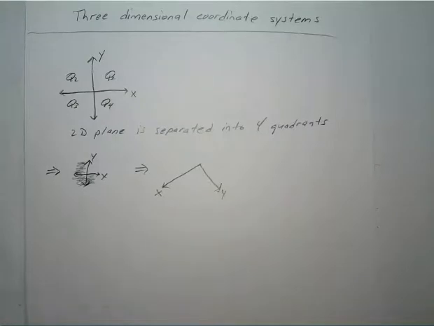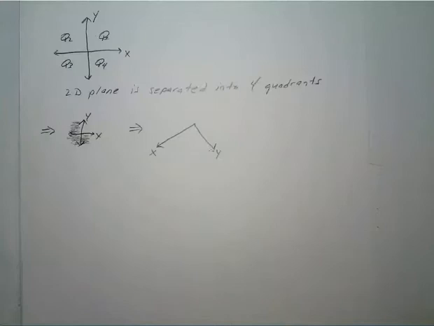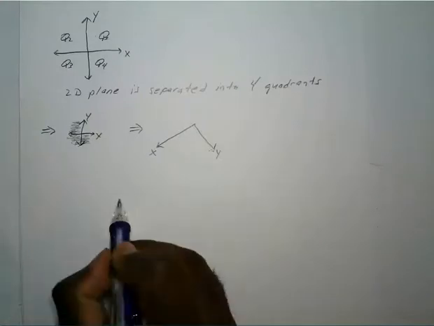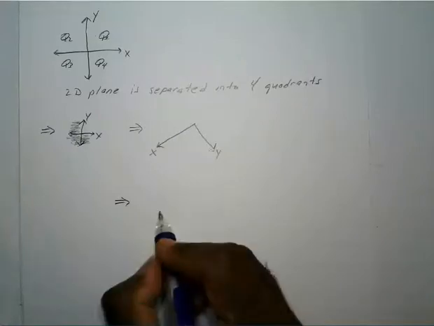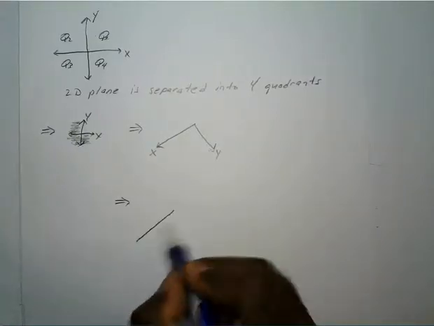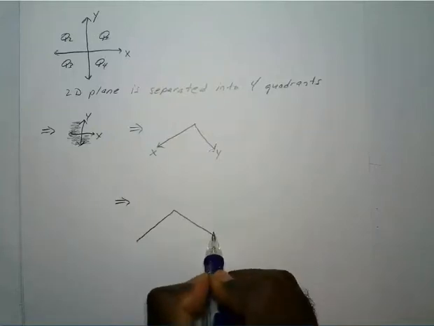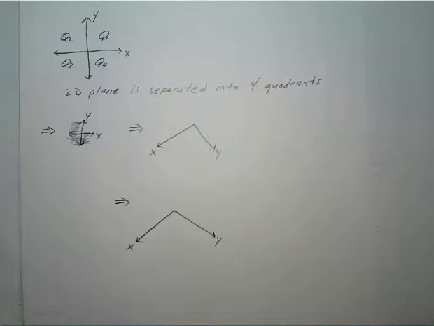From there, I want you to visualize the corner of a room. Look in whatever room you're in, look at a corner. If you have your x and your y-axis, imagine this is your floor.